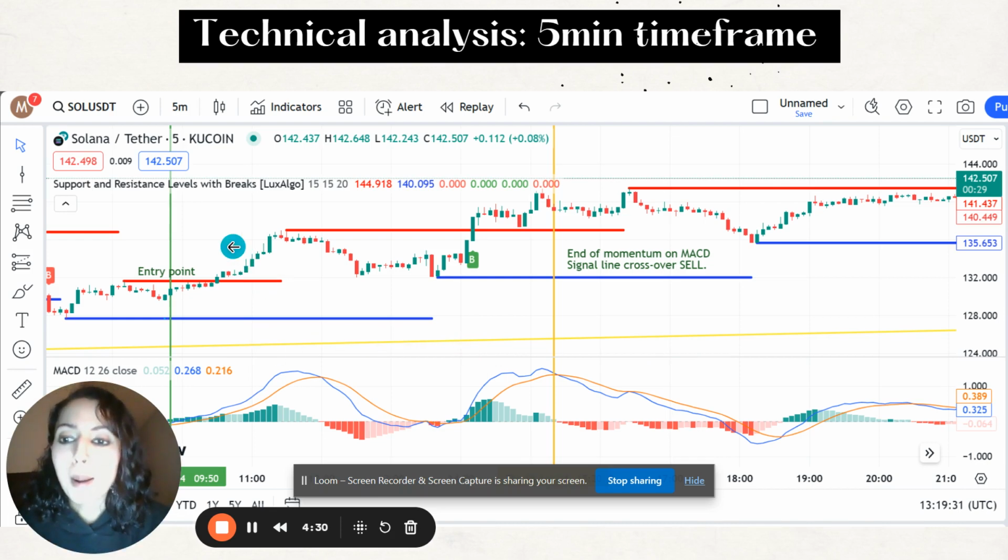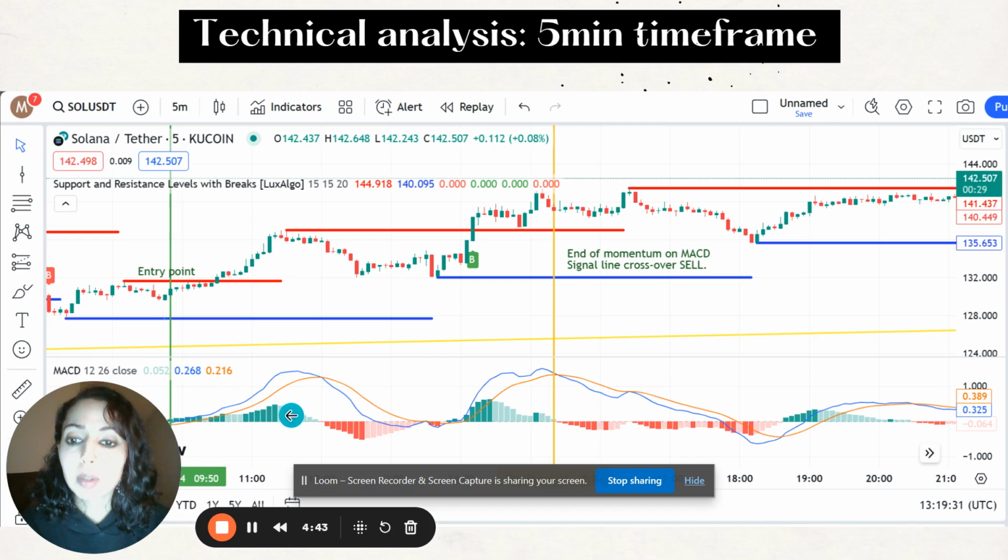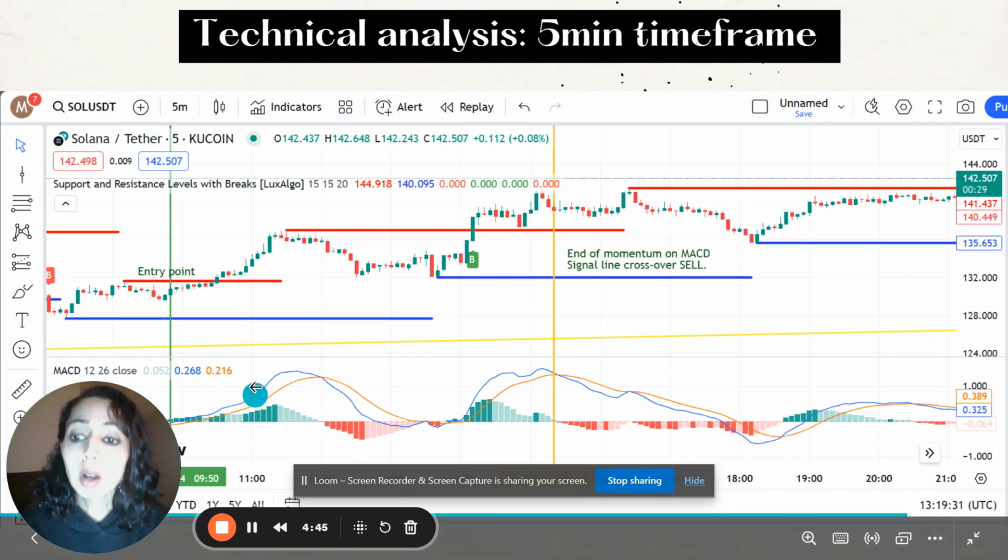Other things that I did, I put the moving average convergence divergence indicator so that it could show me the price level movements, and also at the same time the volume. So these little bars here represent the volume of people buying and selling at the same time. And then this is the price movement, right? And then this is the signal line.